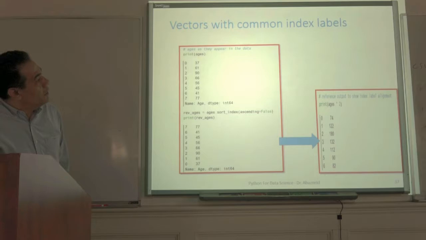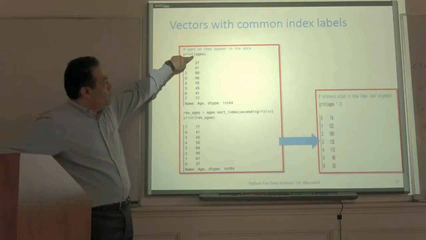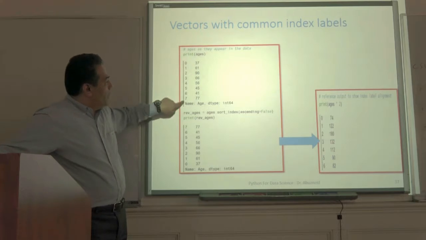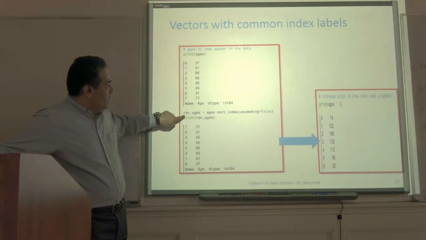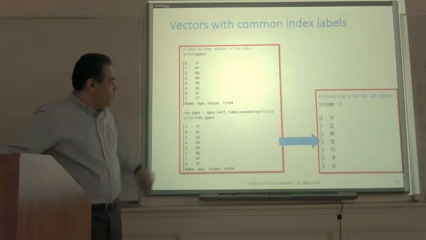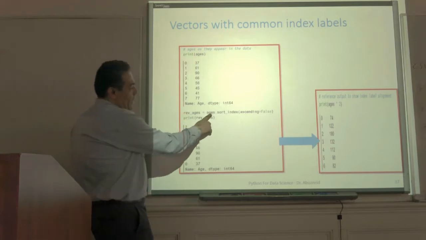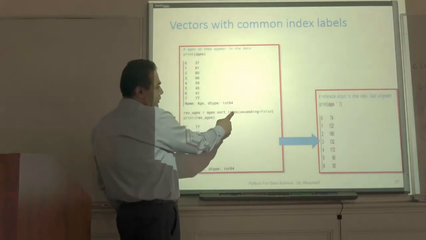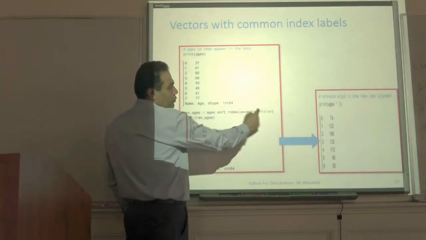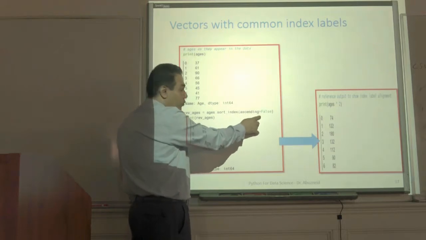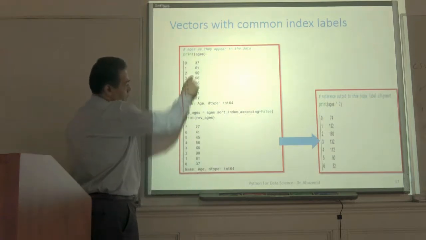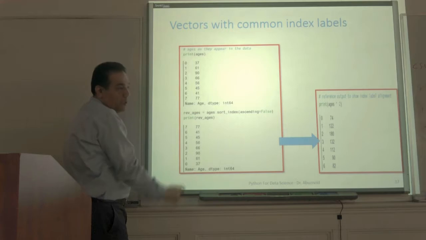Vectors with common index labels. For example, print ages. I have 8 elements. Here, reverse. If I need to reverse the ages, for example ages.sort_index with ascending false, it will be descending, so it will print it for you in a descending way.